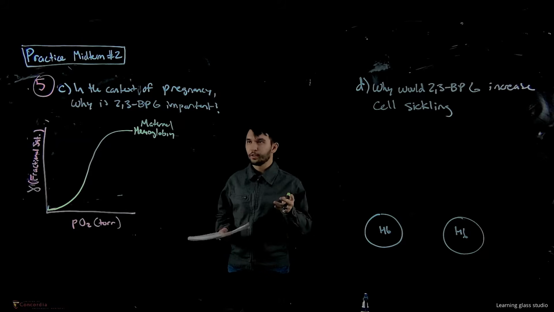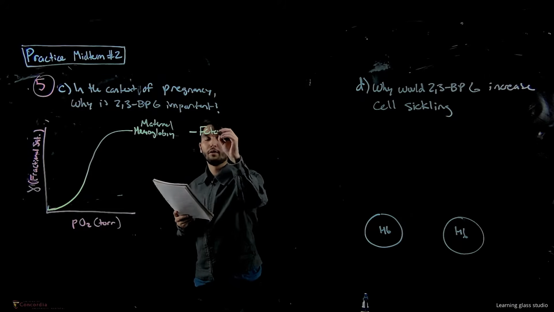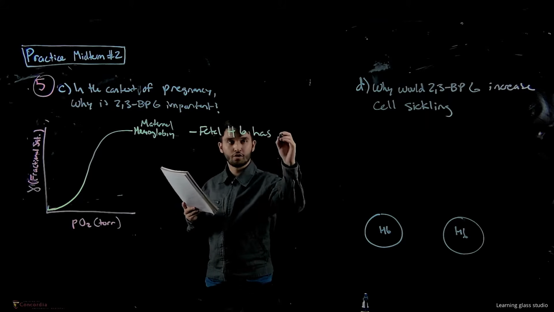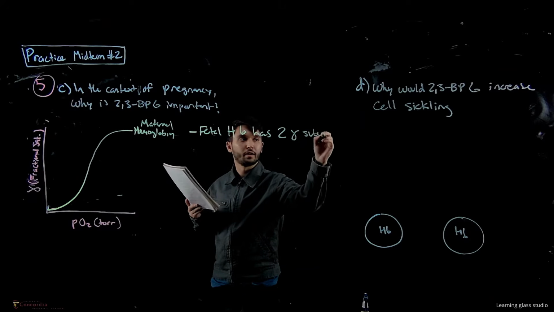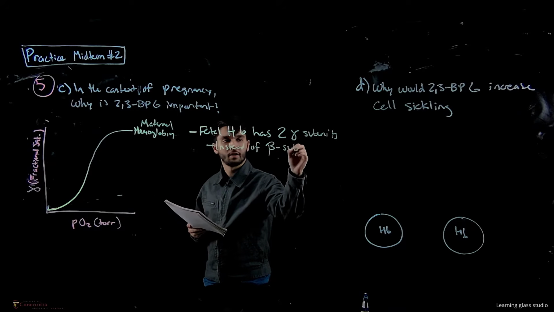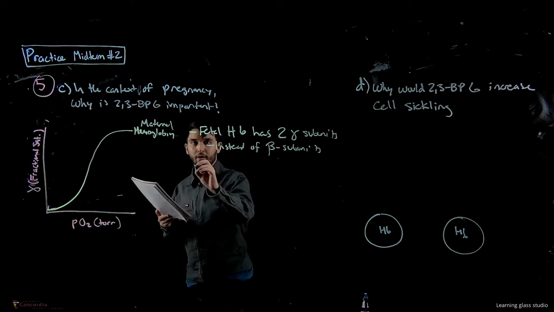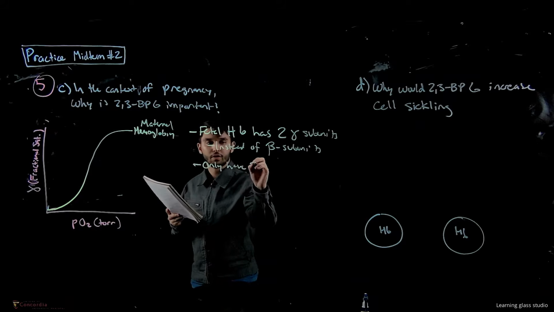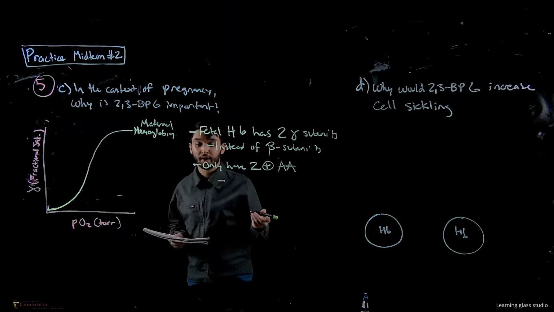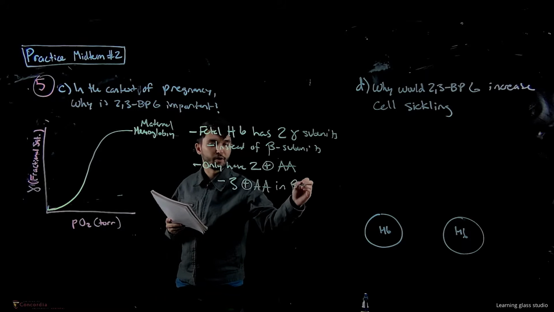The difference between fetal hemoglobin and maternal hemoglobin is that fetal hemoglobin has 2 gamma subunits, and these are instead of the beta subunits. These gamma subunits only have 2 positive amino acids, unlike the 3 positive amino acids that we saw in the beta subunit.